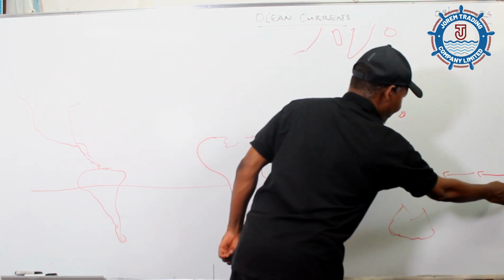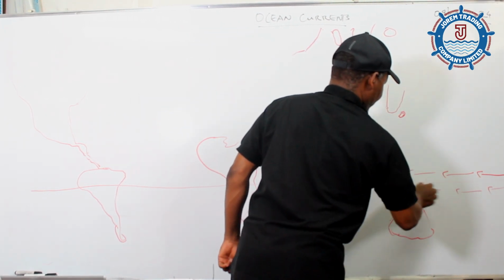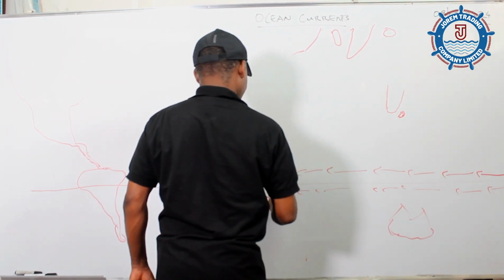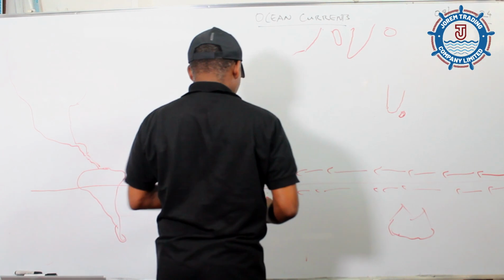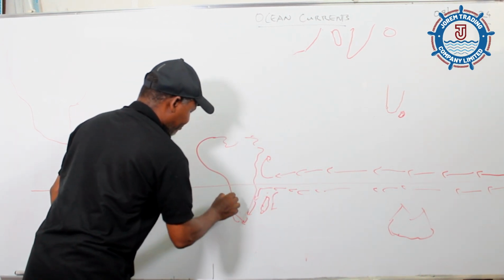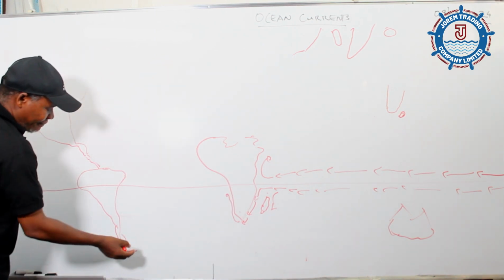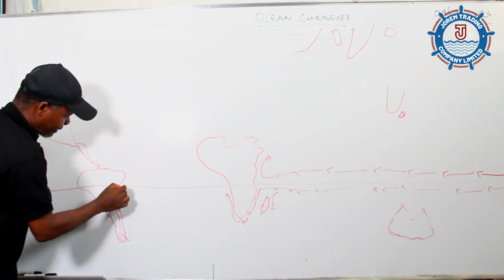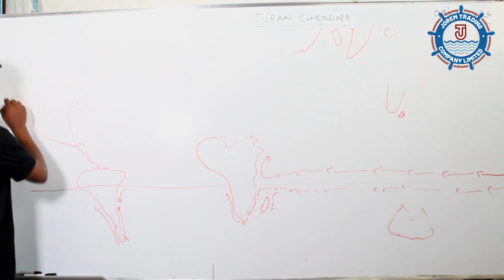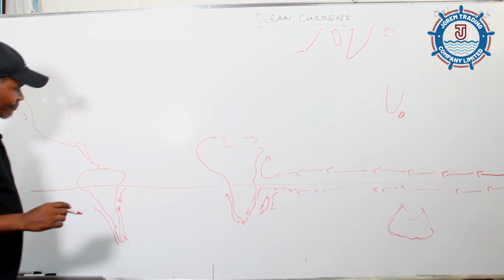And we have the South Equatorial current. Upon getting here, it splits, some going that side, some coming this way, to form the Mozambique current, and then the Agulhas current, and then Benguela. And we have the Falkland current there, the Brazilian current down there, the Peru current, and then we have the California current coming down.